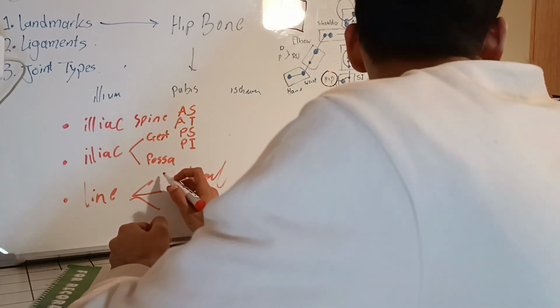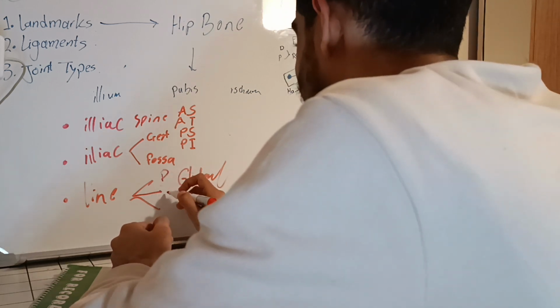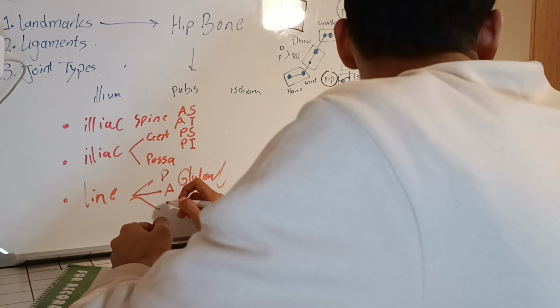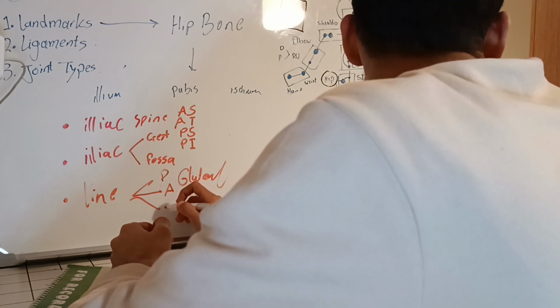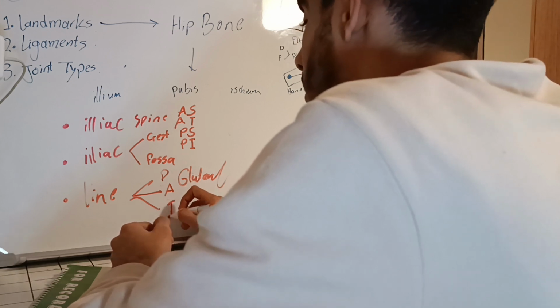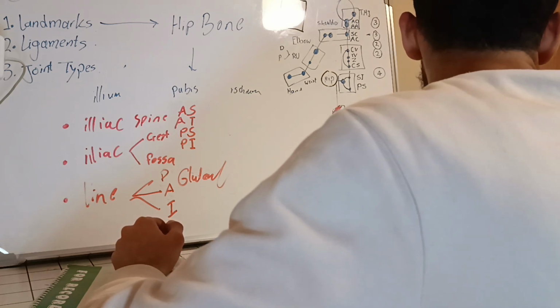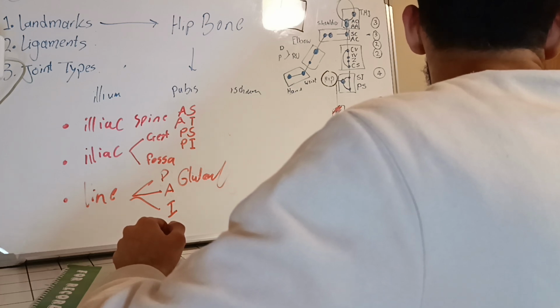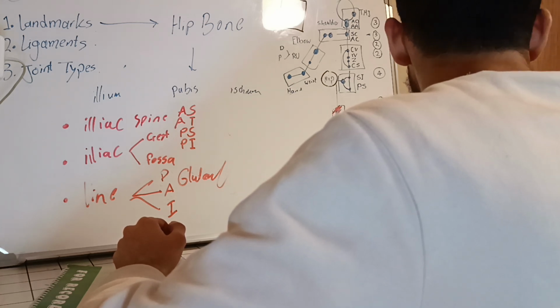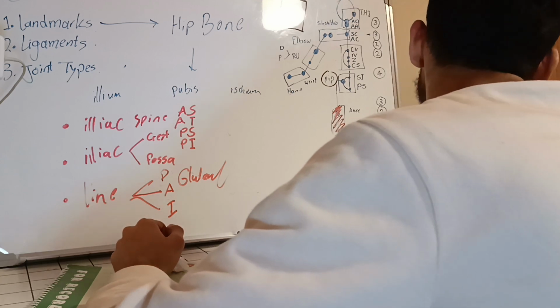You can have three lines actually: the posterior, the anterior, and the inferior gluteal lines.